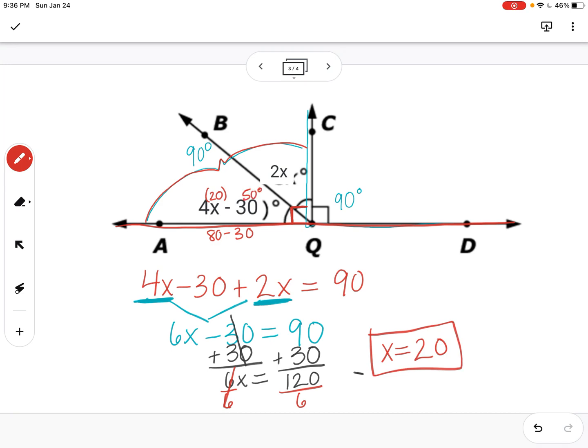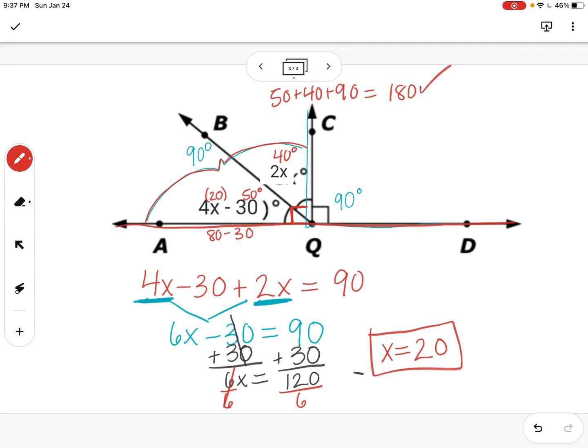And then if we did 2 times 20, that would tell us this angle over here was 40 degrees. And of course, 50 plus 40 plus 90 would be 90 plus 90, which is equal to 180 degrees. Therefore, we know this check makes sense with what we know about these angles.